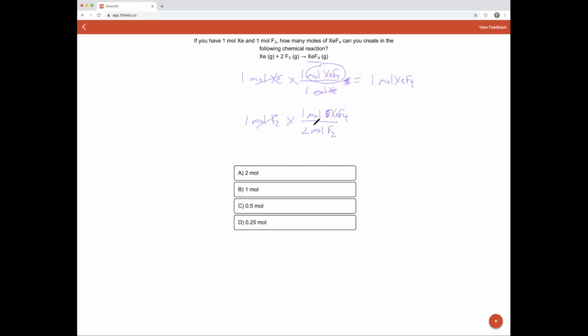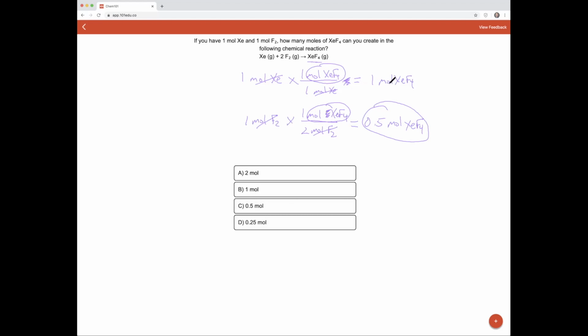Okay, so moles of F2 over moles of F2 cancel. Moles of xenon tetrafluoride. Okay, so that's 1 times 1 divided by 2, so that is 0.5 moles of xenon tetrafluoride. All right, so this is the smaller number. So that's the maximum amount of product that I can form.